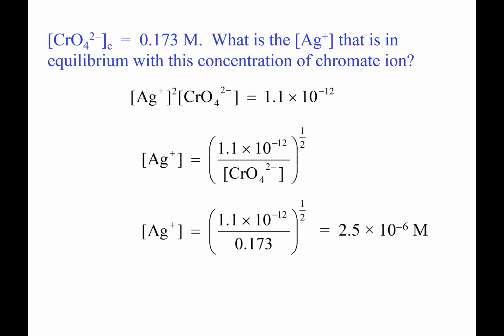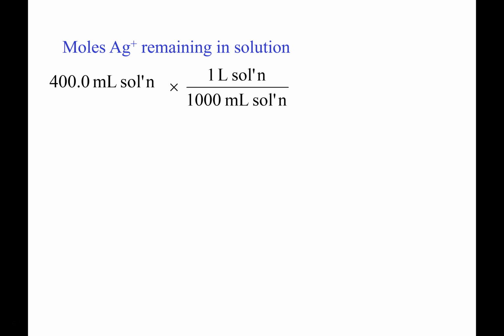Well, we're almost done. So the amount remaining in solution, all we got to do is take that molar concentration, use the volume to get to how much silver that must be. So here we go. The total volume is 400 milliliters of solution. We use the molarity we came up with. Oh, first we have to get that in liters, don't we? So we put 1 liter over 1,000 milliliters.